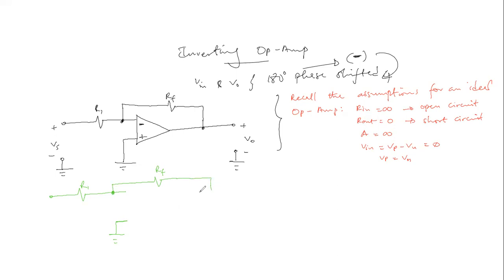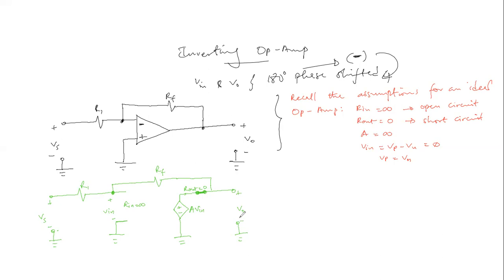And then the output resistance can be represented with a short circuit. So R in is equal to infinity, then R out is equal to 0, presented with a short circuit. And then we have the amplified version. Here we have positive, negative V in, here positive, negative, the source voltage, and this is positive, negative, A times V in. Then we have this connected to ground. Then the output voltage, which is V out. Yeah, this is the equivalent circuit.